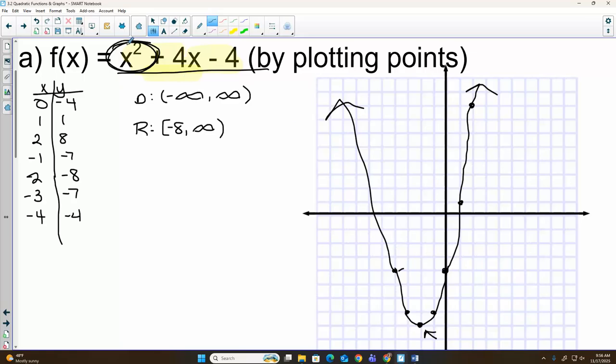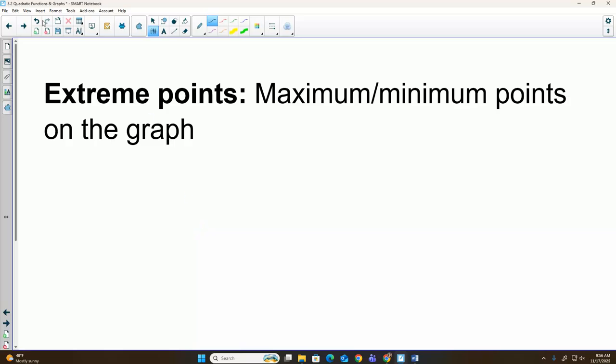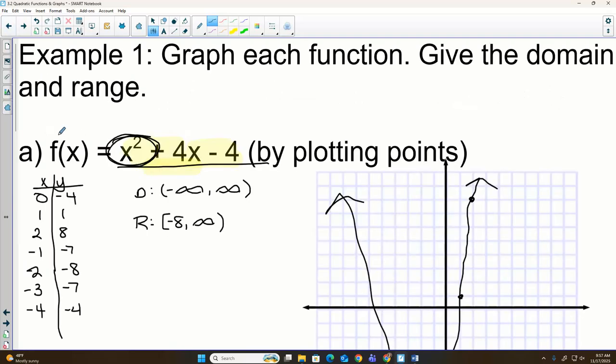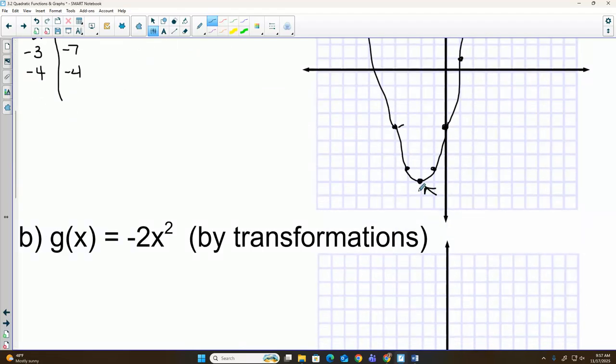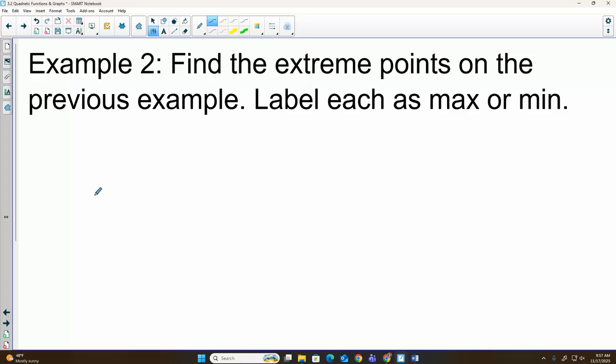Okay. What if I asked you to list those maximum or minimum points? Those are called the extreme points. So we just said this one had a minimum. The actual minimum, the minimum value, is the y value of that. So I'm going to go right down to example 2 beneath it while I'm on this.